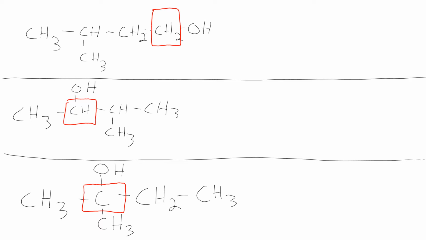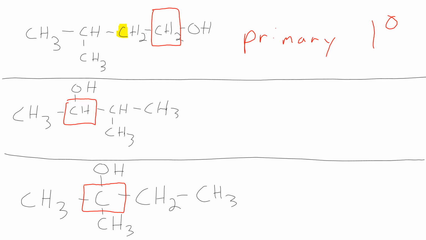And in the top one, highlighting it in yellow, there's only 1 carbon directly attached to the carbon that's boxed in. It doesn't matter how many other carbons there are, there's only 1 other carbon directly attached to that carbon. So being there's only 1 other carbon directly attached to the carbon with the OH, we would call that type of alcohol a primary alcohol.